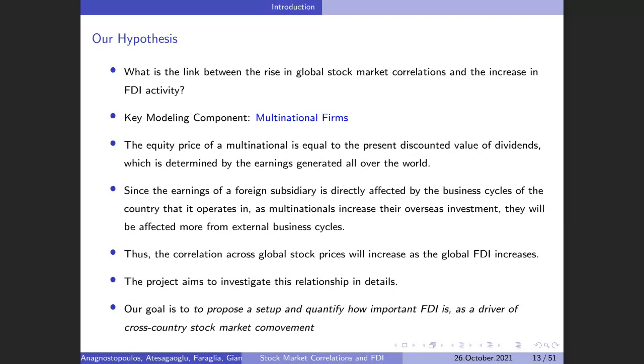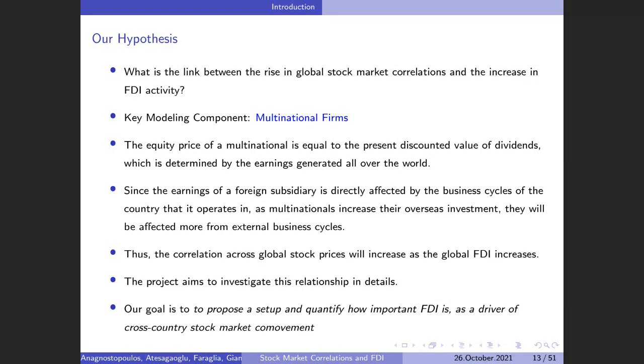The local plant will be affected by TFP shocks locally. The foreign plant distributions will be affected by the away country's TFP. So as a result, when you have more operations outside, the dividends that are distributed by the US firm will also be affected by the TFP shocks of the away economy.